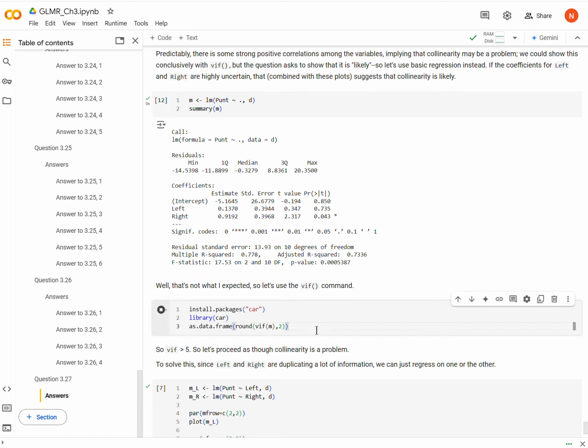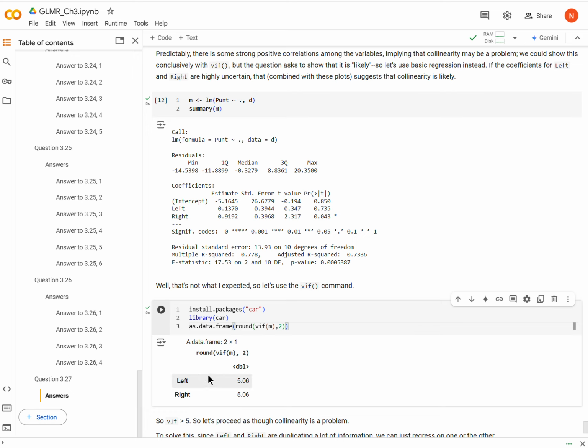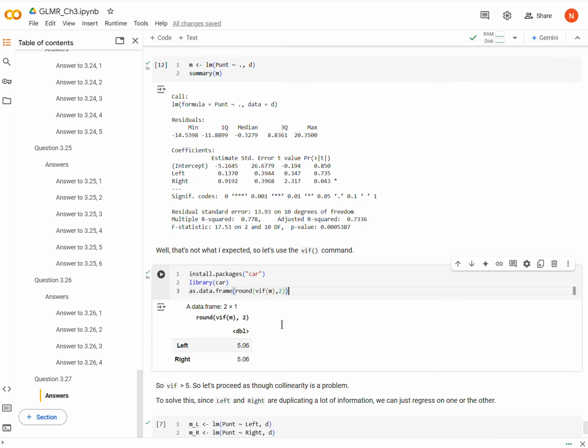When we do that, we see the variance inflation factors. If you're unfamiliar with that, you should check out the few videos preceding this or read it in the book, but I won't go into it here. We see that the VIF is reasonably high for both of these.